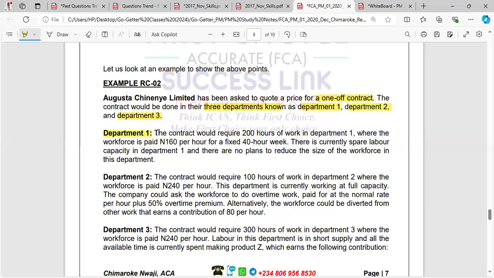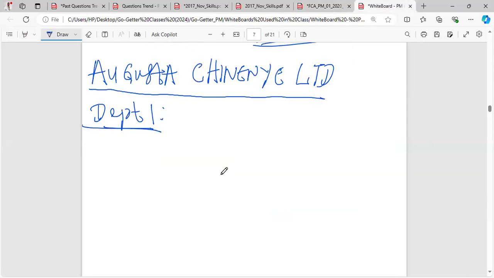The contract would require 200 hours of work in Department 1. So we look at requirements. This is 200 hours. Now let's see.